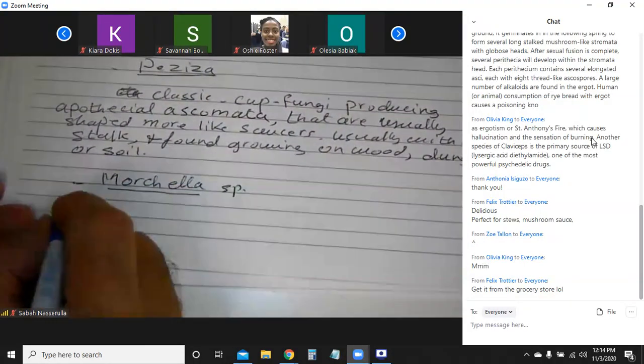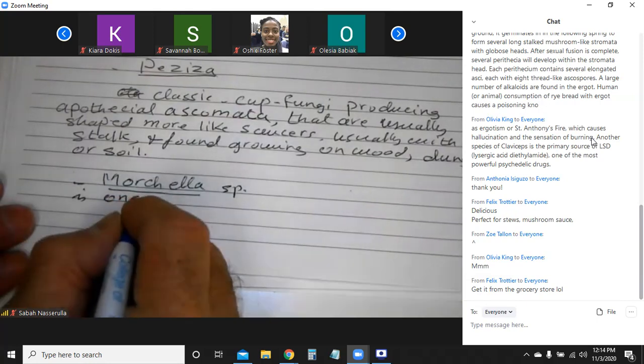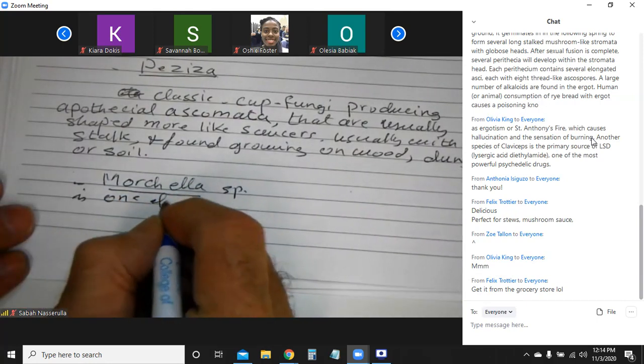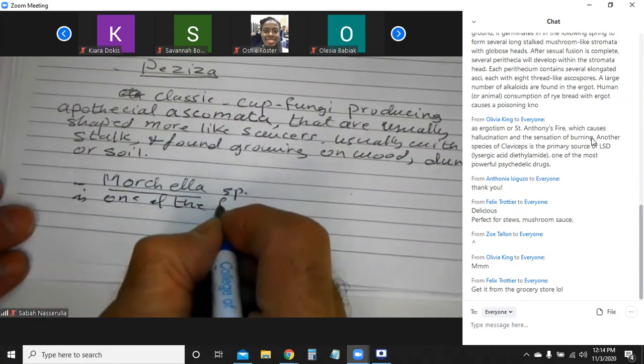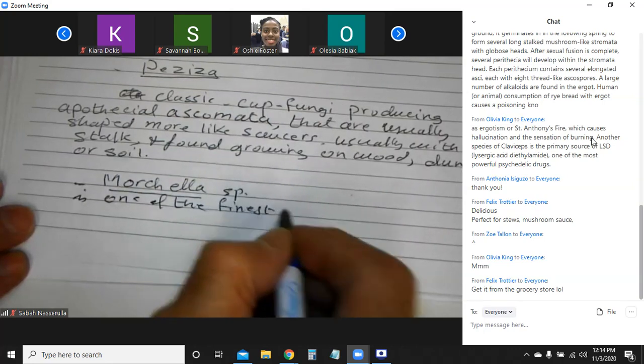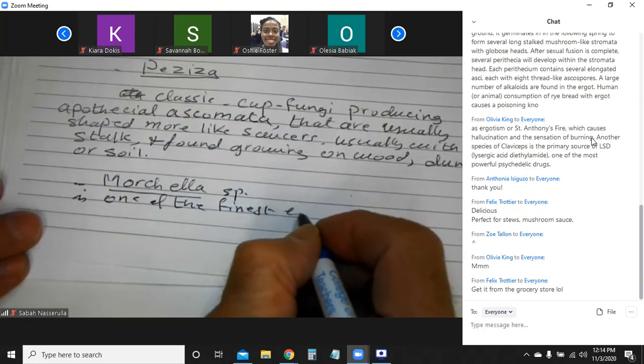Morchella is just one of the finest edible fungi.